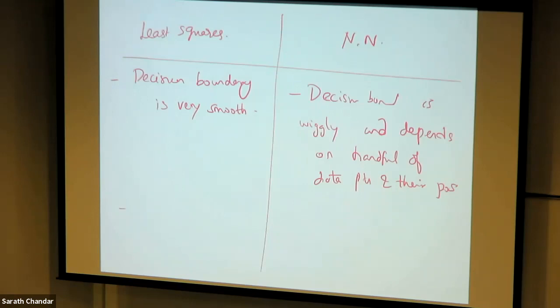So the other way to look at this is linear models are more stable. You cannot easily change the decision boundary. It's not just decided by a handful of data points.